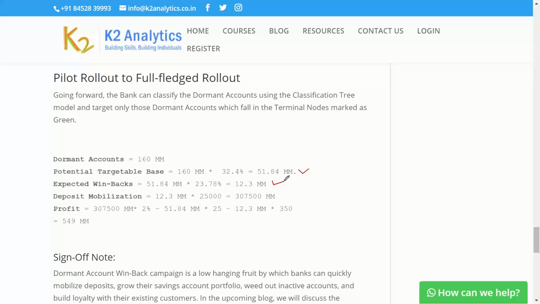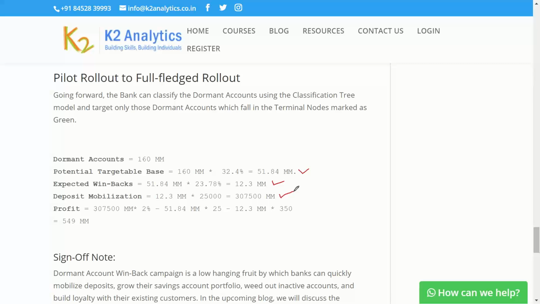Now, if these 12.3 million customers are activated, they will maintain a deposit of 25,000. Now, this 12.3 million into 25,000 is close to 30,750 crore, or as expressed in million, I should express it in billion rather than in million.